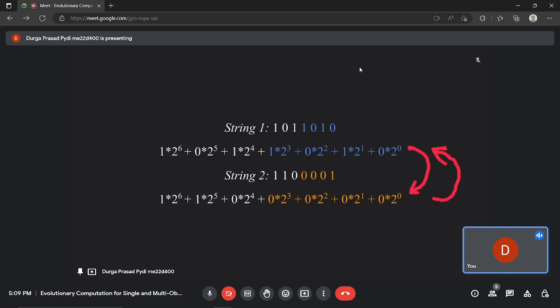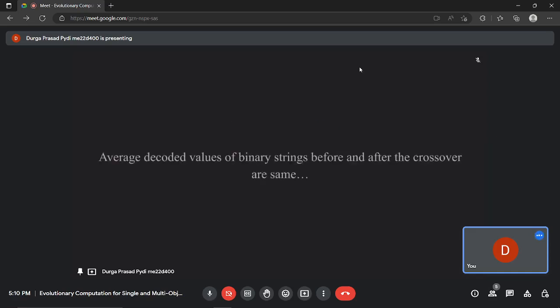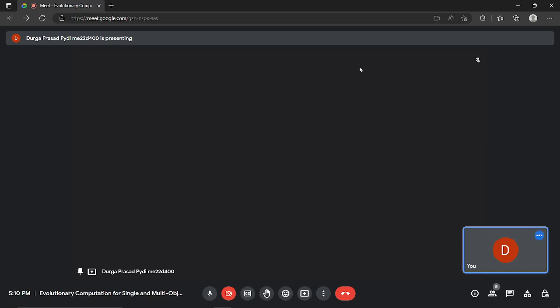When you swap these two and sum up both these equations, you will again get the same value as the final value. So just by exchanging the tails, you will not change the average value of the population. We discussed that previously. So this is one of the properties we are expecting in any of the crossover operators we are going to use at a later point of time.